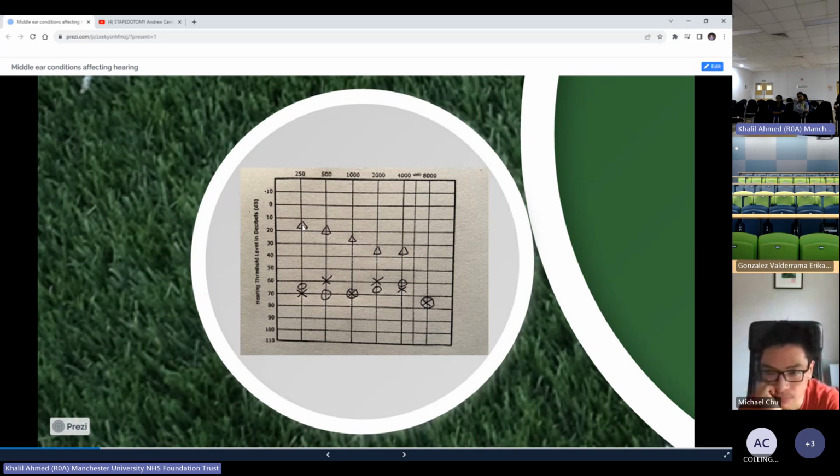And therefore, it could be, but this is the best hearing, isn't it, by the bone conduction. So it could be one ear is conductive and the other ear could be sensorineural. You just don't know until you mask the audiogram, okay?